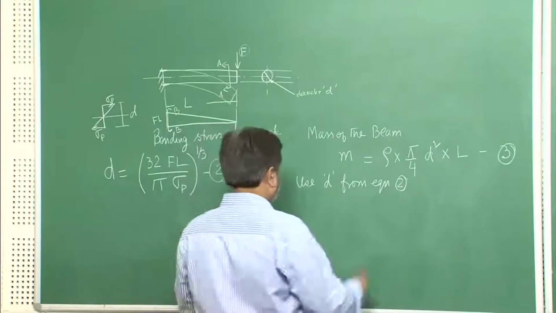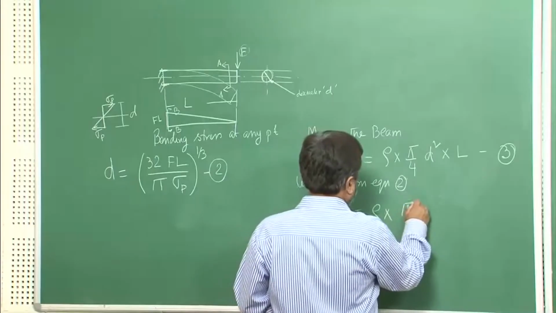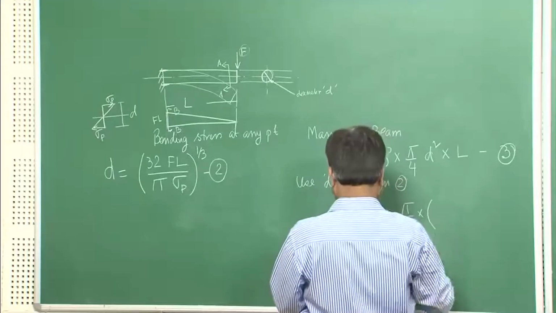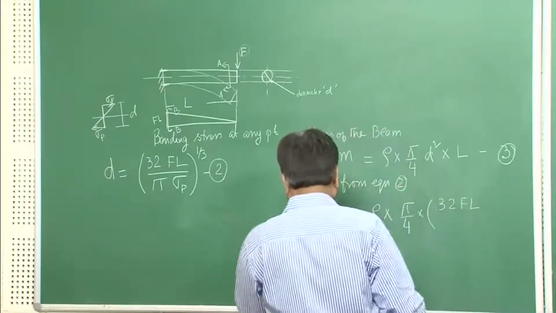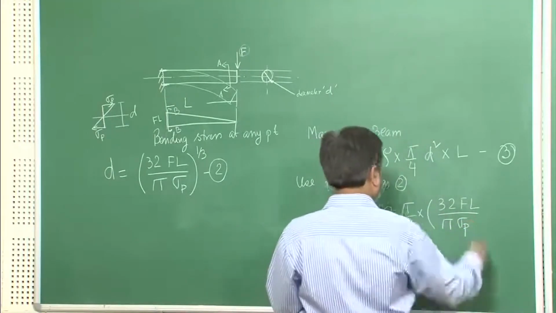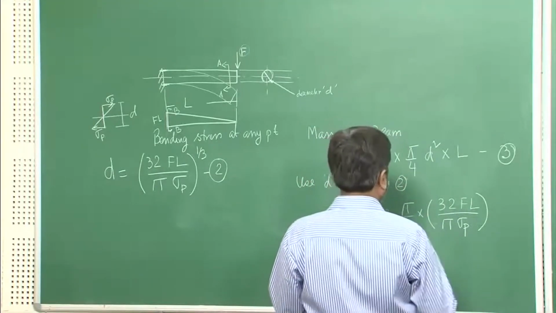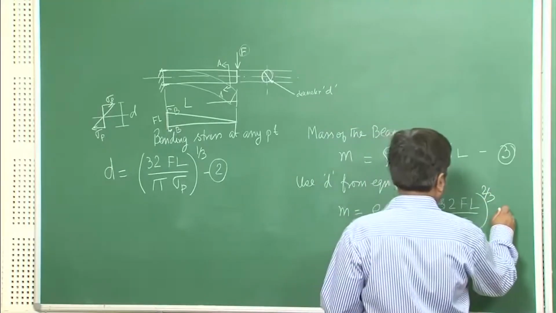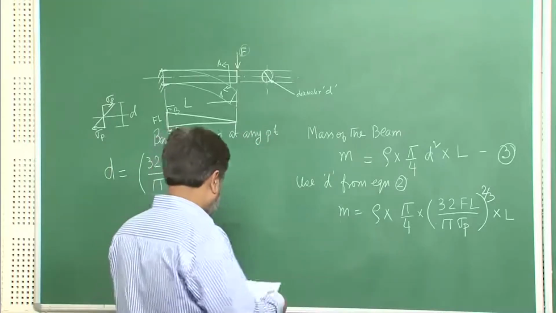If I use it here, then my m will be rho times pi by 4 times 32 FL by pi sigma peak, to the power 1/3, so d squared gives 2/3, times L, right. That is the mass of the system.